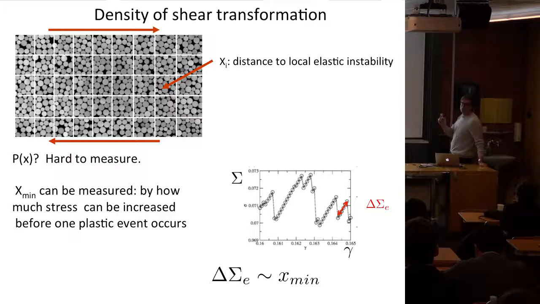So it's a sort of local distance to yield stress. So it's related to, if you were looking at this block, what is the slope of the most dangerous, most likely to collapse mode? All right, so in each block you have this xi, a sort of distance to the local yield stress. One quantity that's very important is a distribution, P of x, of those xi.